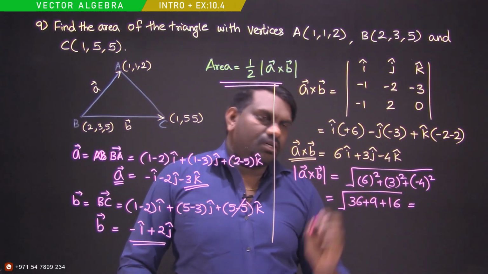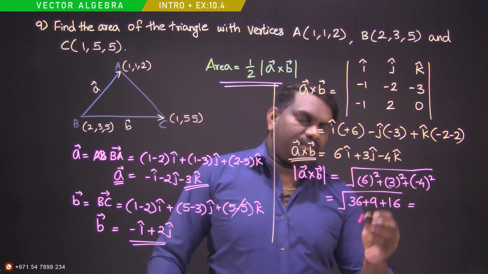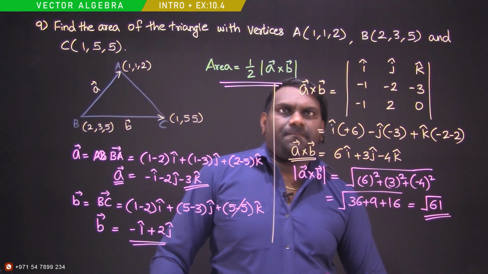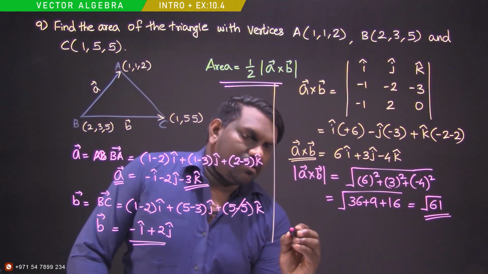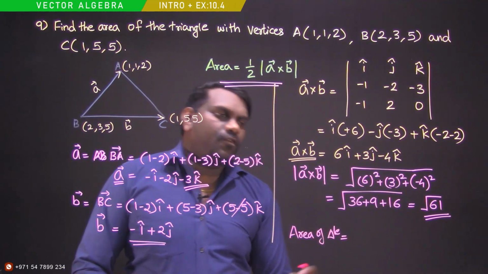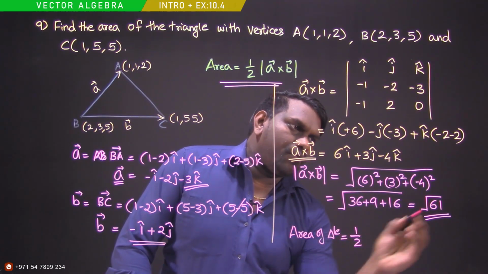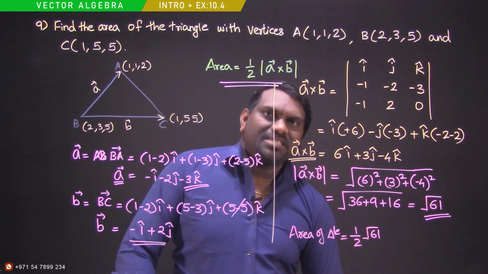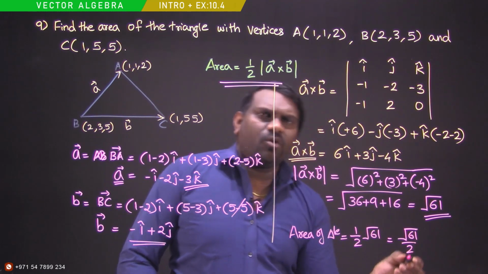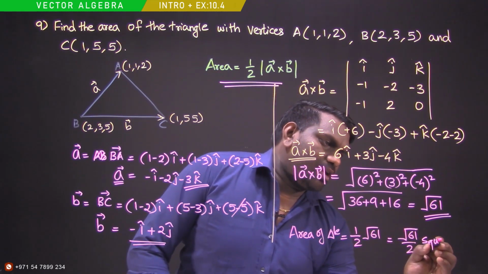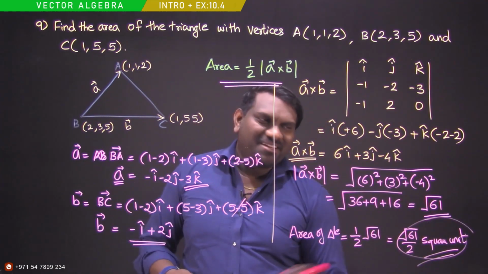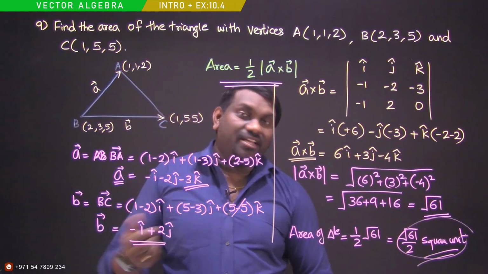Then 30 is 55 plus 6 is 61. So it's root 61, dear. Root 61. But what is the area of triangle? It is equal to half of this, which is half of root 61, dear. Yeah, you can write it like this, root 61 by 2, and you can also write square unit. That will be good, dear, because it is area, so square unit, and so that is my final answer for my 9th question, dear.